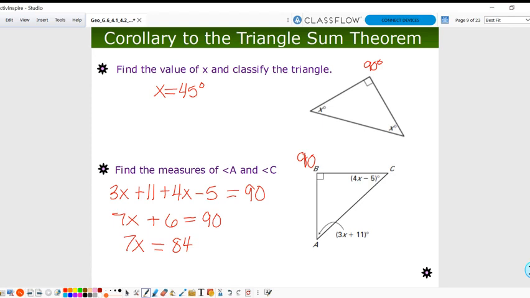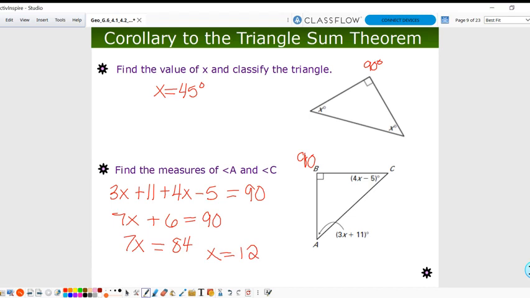And you can solve to find your variable. And in this case, your variable equals 12.